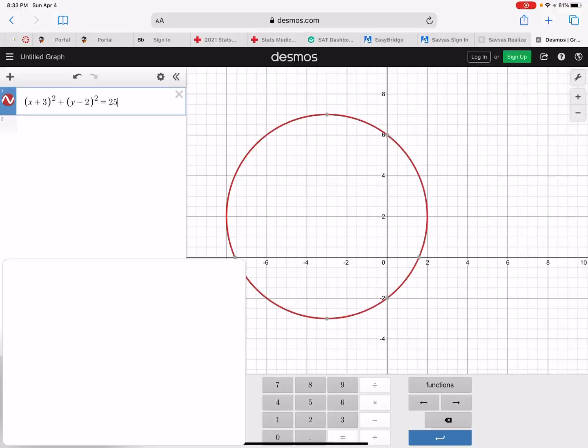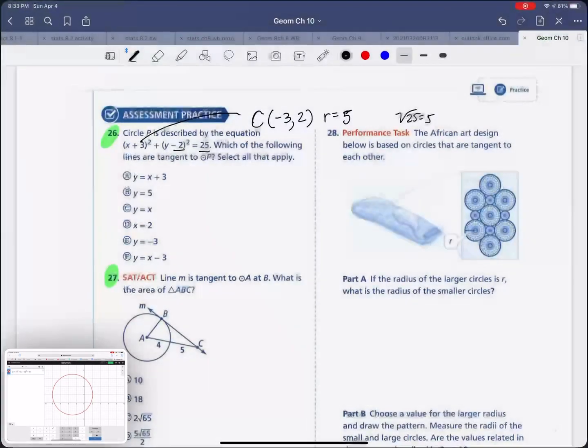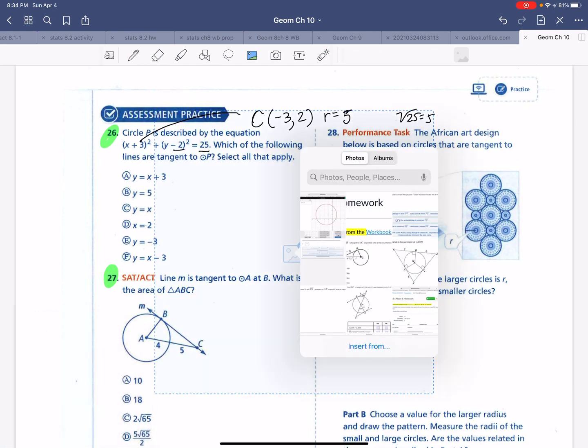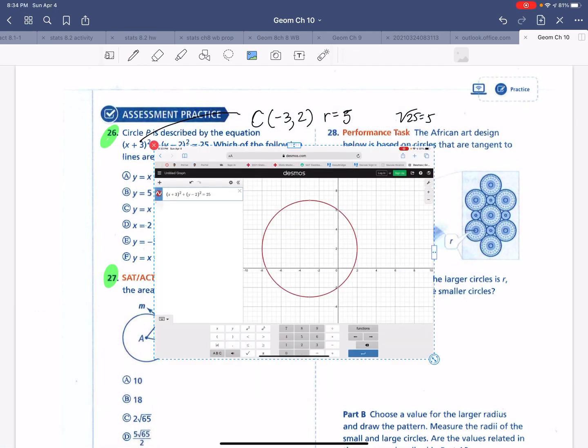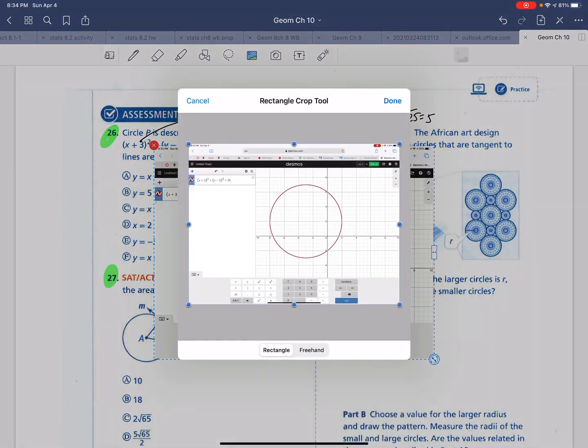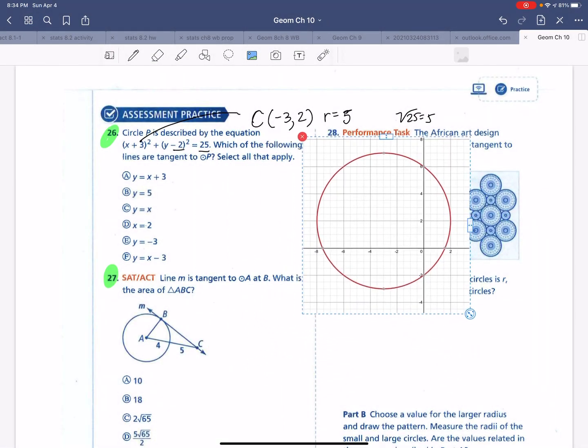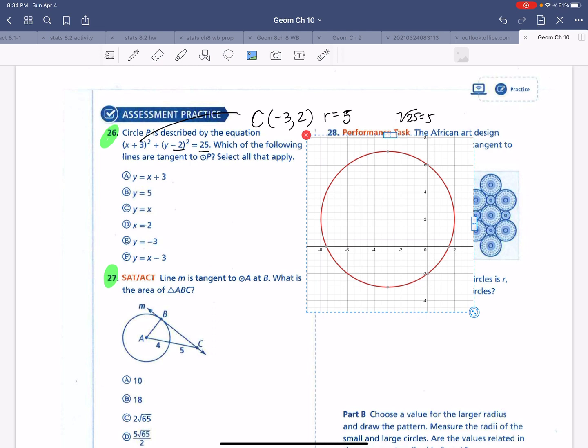Just going to take a picture of that and stick it in. Now, this helps us kind of picture it, but it's like, okay, which would be tangents?